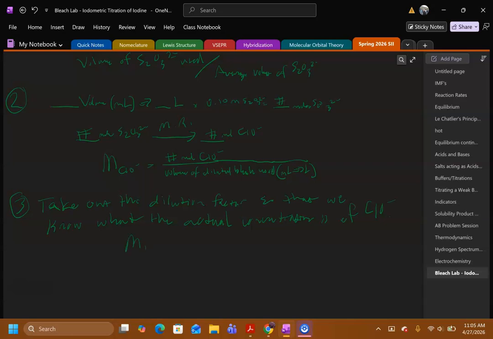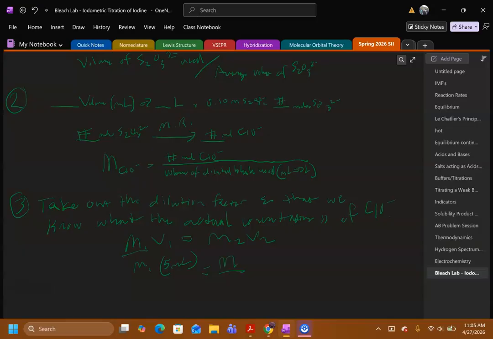So that's M1 V1 equals M2 V2. We're trying to solve for our M1 here because that was the original. So we took 5 milliliters of the original bleach, and we just calculated the molarity up above here.